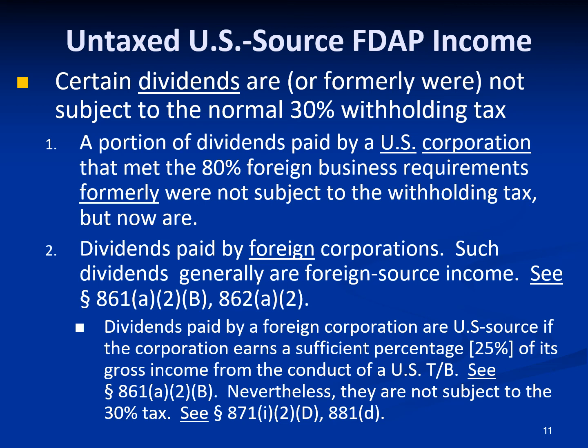We see this in Section 871(i)(2)(D) and in Section 881(d). So these categories of dividends are not subject to the normal 30% withholding tax. One is a former rule, and the other is a current rule.